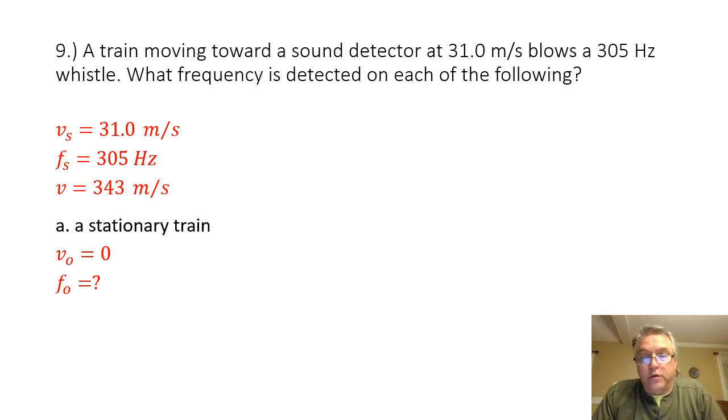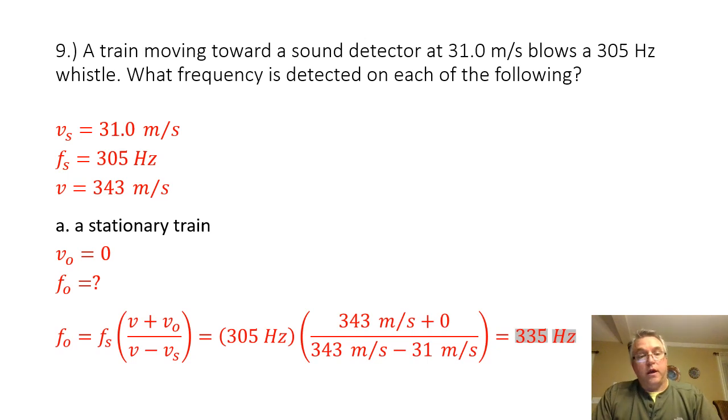Once again, we're going to use the Doppler formula, and I know that the frequency of the source is 305 hertz. The velocity of the sound wave, because we are assuming room temperature of 20 degrees Celsius, is 343 meters per second. The velocity of my observer is 0, and the velocity of the source is 31 meters per second.